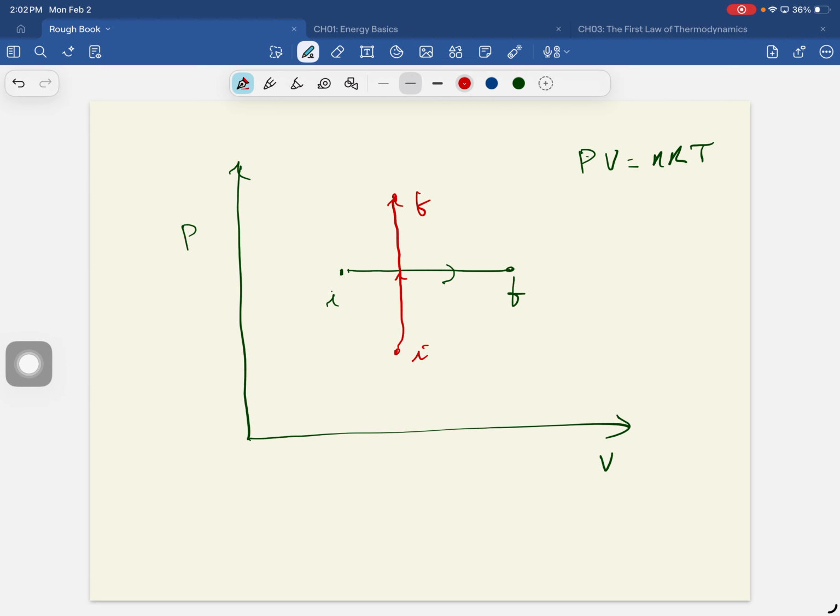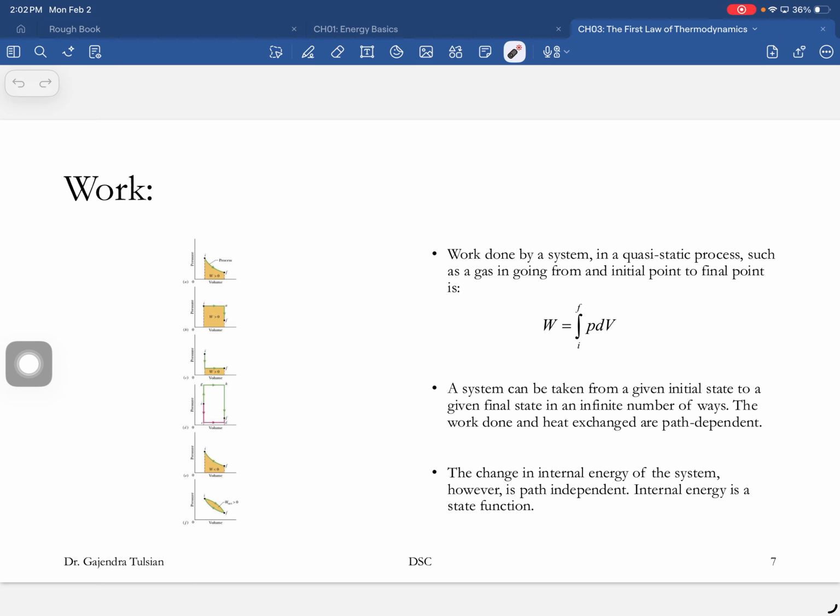So this is the system. If the system absorbs heat, Q is positive. If the system does work, W is positive. If the internal energy of the system rises, delta E is positive. And that is universal.